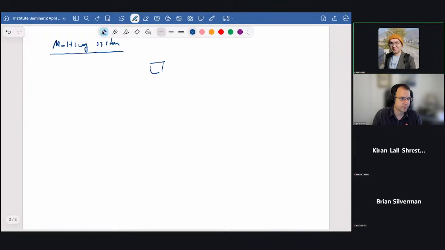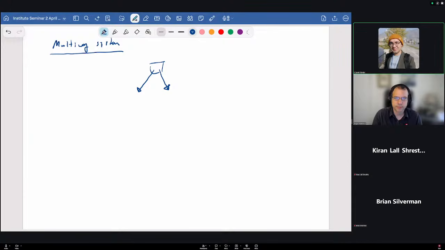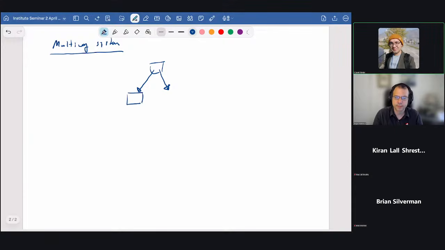So let's say if a rule matches twice, then there's a branching. In one of the branches, a single pattern is transformed. So let's say we obtain two related objects.